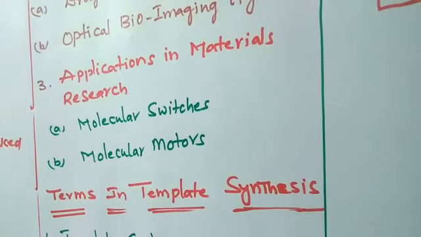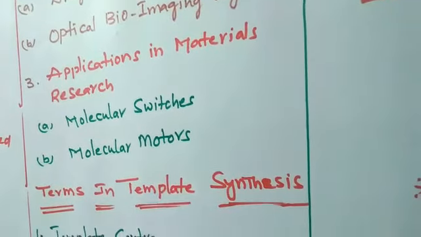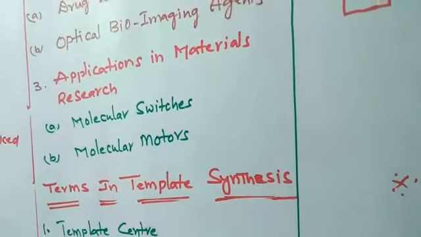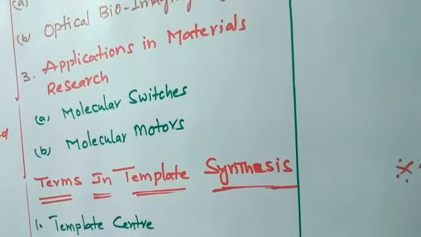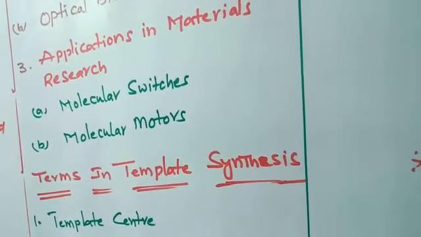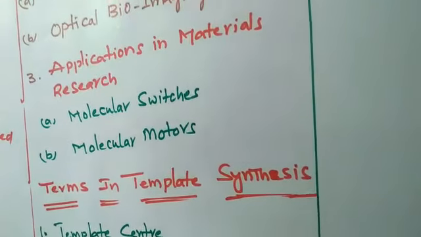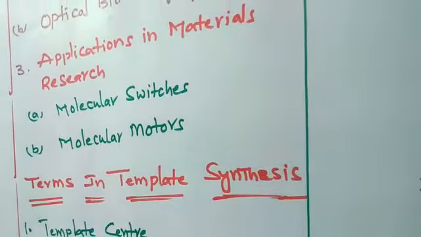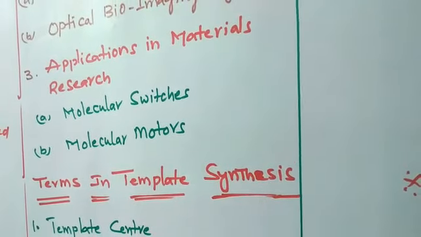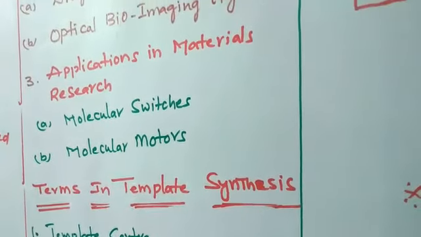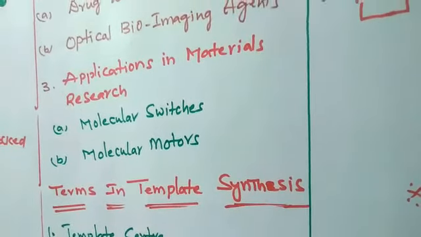It means molecular motors are very useful to transport compositions, as in muscle contraction. So these are the main important applications of rotaxanes.